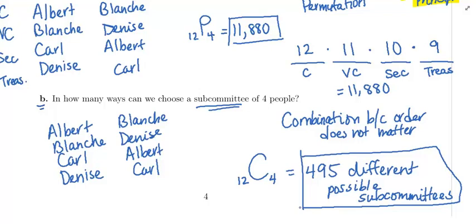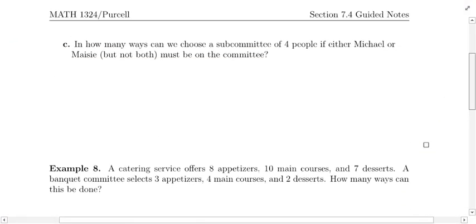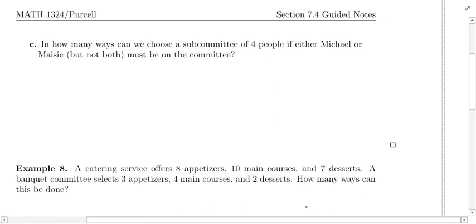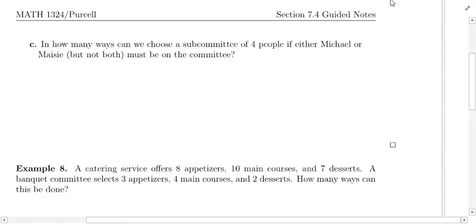This is going to throw another little twist into this type of problem. Here we go, at the top of page 5. It says, in how many ways can we choose a subcommittee of 4 people if either Michael or Maisie, but not both, must be on the committee?